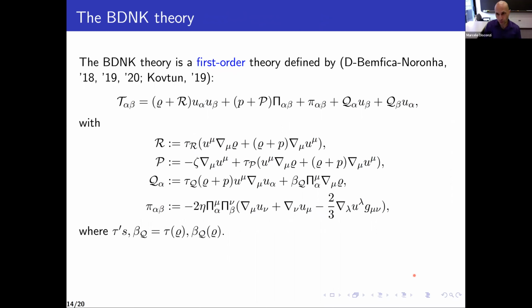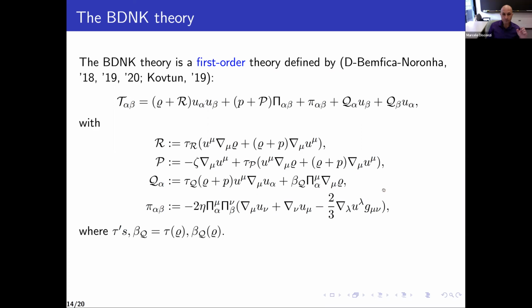different model, which is called the BDNK theory. So this is different than Israel-Stewart. This is a first-order theory, which is the combination of several works by several authors. Okay? So the BDNK theory is defined as follows. Again, we start with the energy momentum tensor, and you define the viscous fluxes by these very ugly expressions.